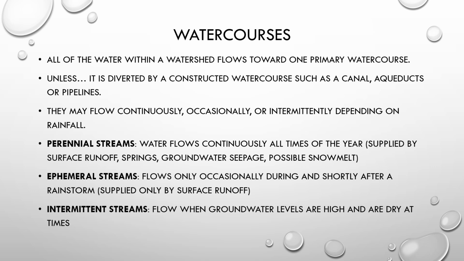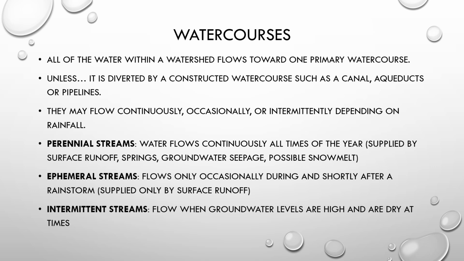These flows can flow continuously, occasionally, or intermittently in these streams. You want to pay attention to this next part or memorize it somehow, because you will see questions regarding these different types of streams in some upcoming quizzes and midterm, final, etc. Water that flows continuously all the time throughout the year is known as a perennial stream.